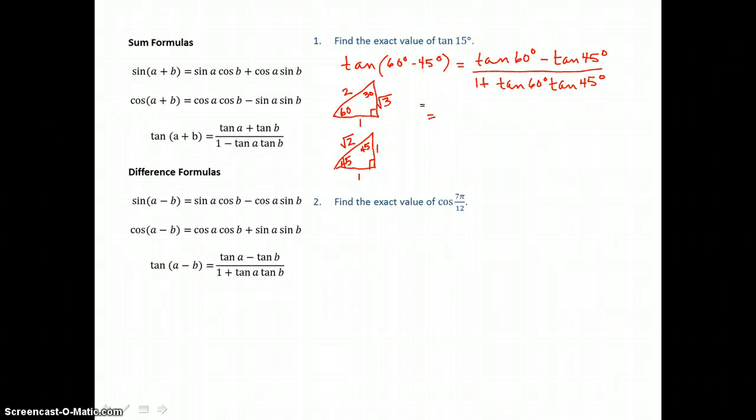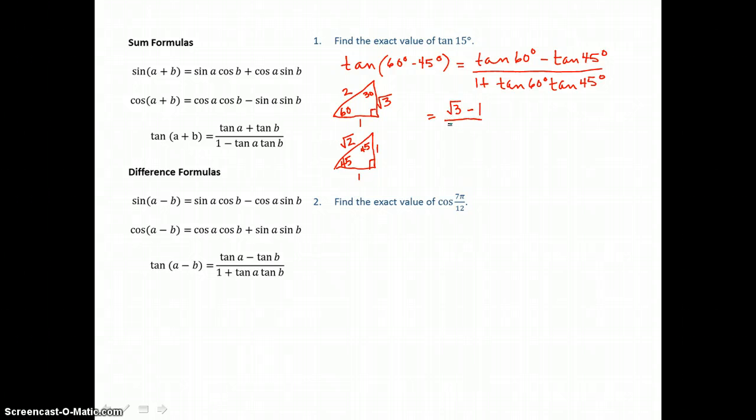Okay, so now the tangent of 60 degrees is opposite over adjacent, or square root of 3 over 1, which is just the square root of 3. The tangent of 45 degrees is opposite over adjacent, 1 over 1, or just 1.